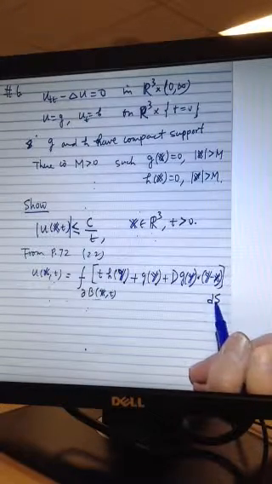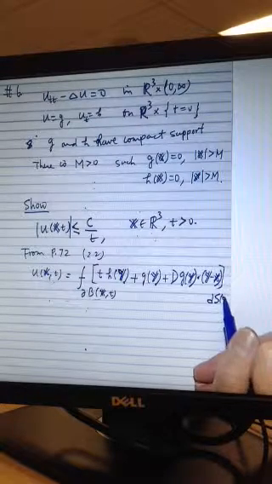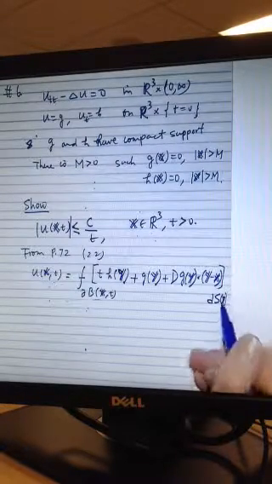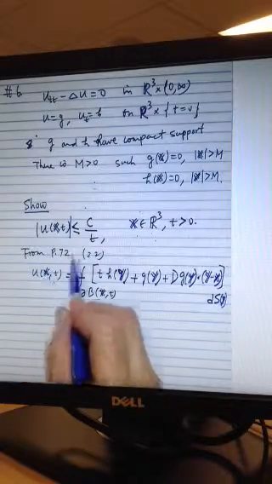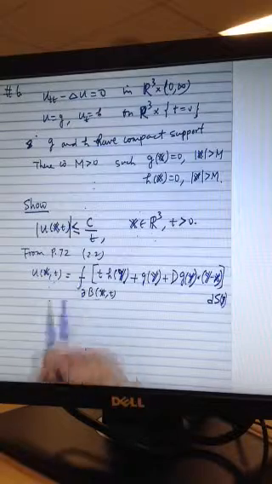So it's the surface integral dS y. This is from formula 22. So let us understand what this means.